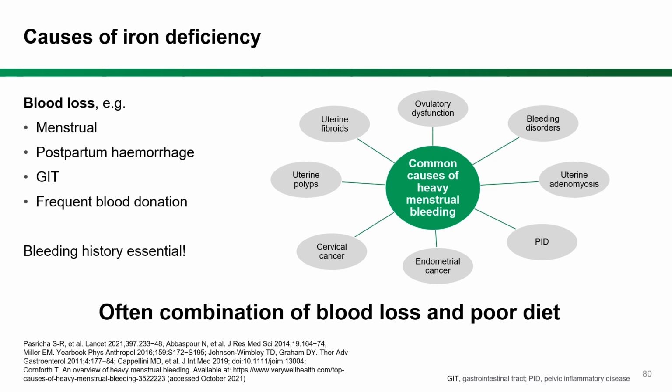Every patient needs a careful bleeding history, which remains the best test to diagnose a bleeding disorder. But also note that patients often have more than one cause of iron deficiency, such as blood loss plus a poor diet, and take a very, very comprehensive history to make sure you miss nothing.